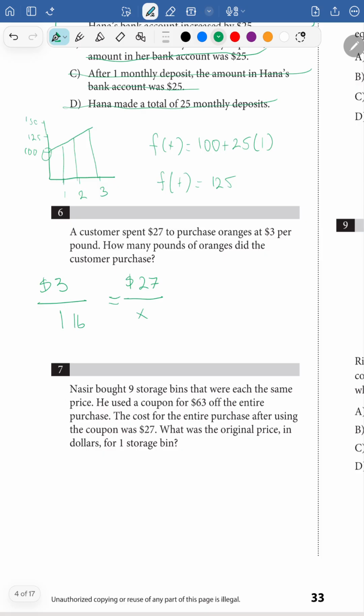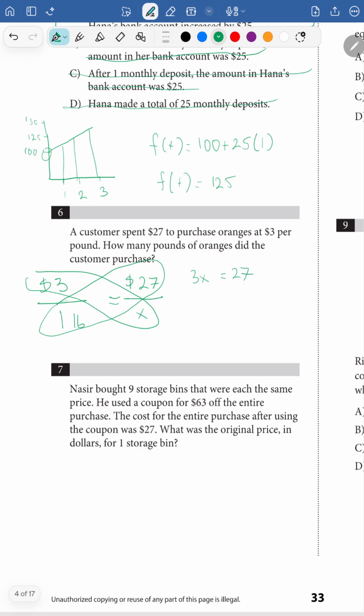So like we did in, I believe, question 1, we can do the cross multiplication. Don't worry about the signs or the units, just worry about the values. So 3 times x would give you 3x. 1 times 27 would get you 27.